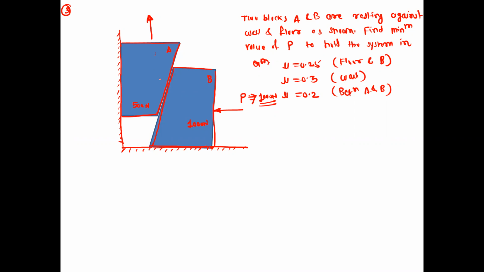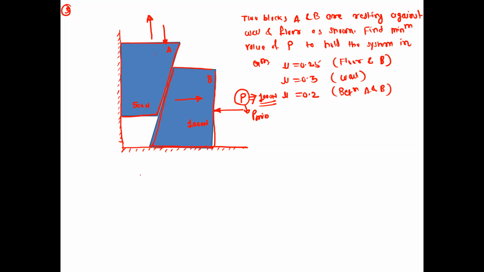So the only motion possible here is if P is minimum. For the minimum value, there is a tendency of block A to slide in the downward direction. Because of the downward motion of block A, it will push block B towards the right side.